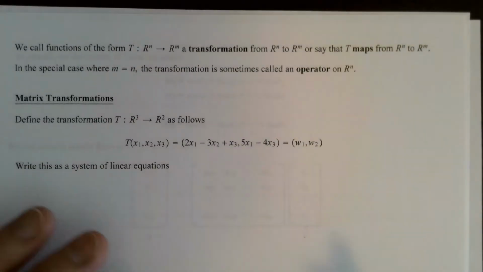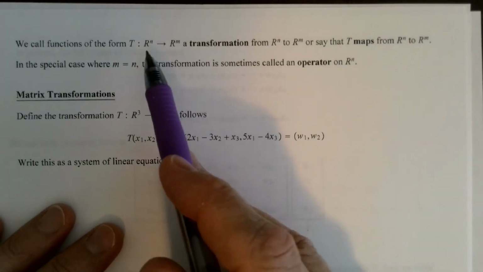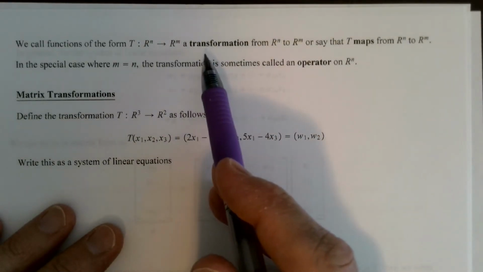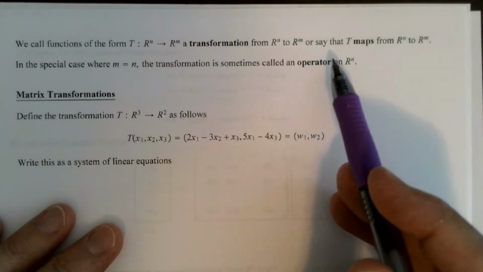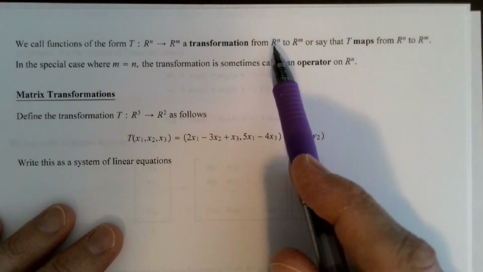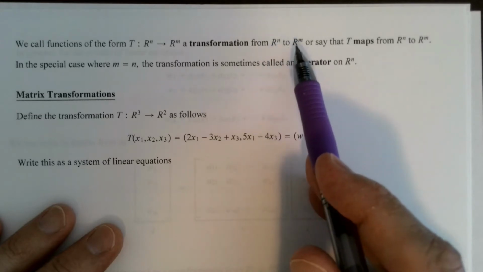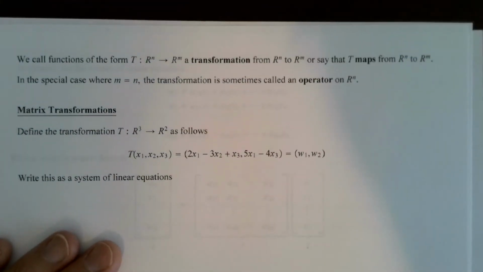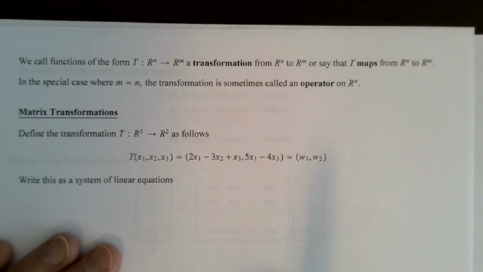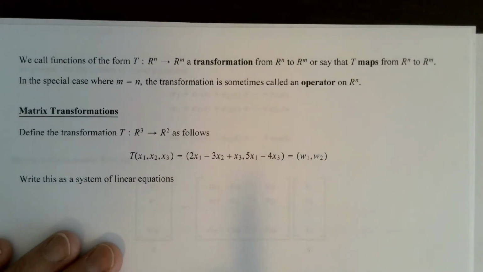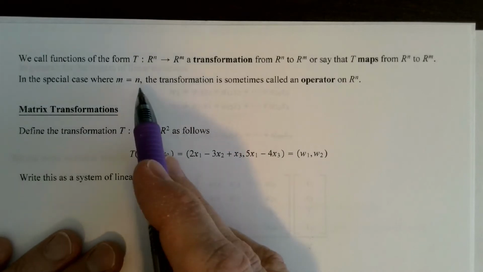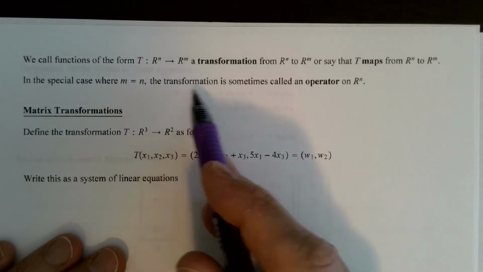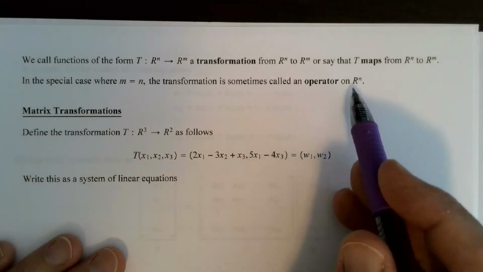So we call functions of this form, where we're going from n space to m space, a transformation from, again, the domain of n space to the codomain of m space, or we say T maps from n space to m space. In the special case, if m and n are equal, if we're going from n space to n space, then sometimes that transformation is called an operator on that space.